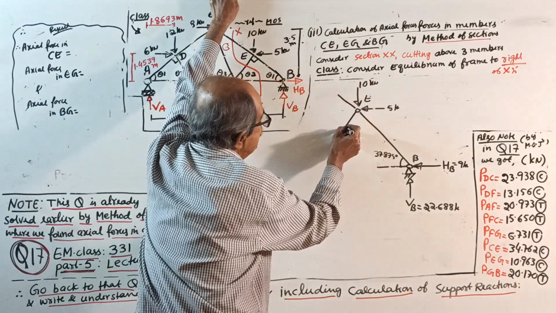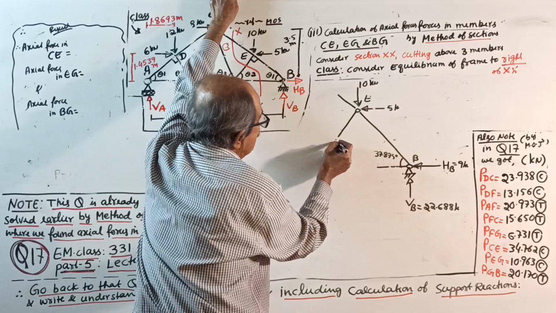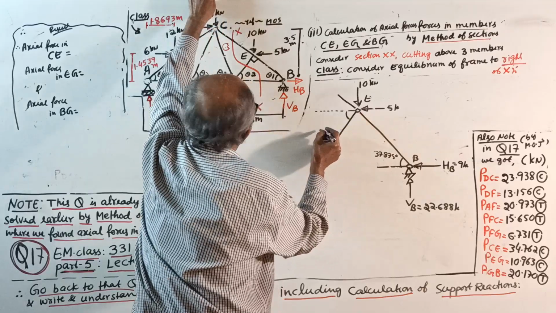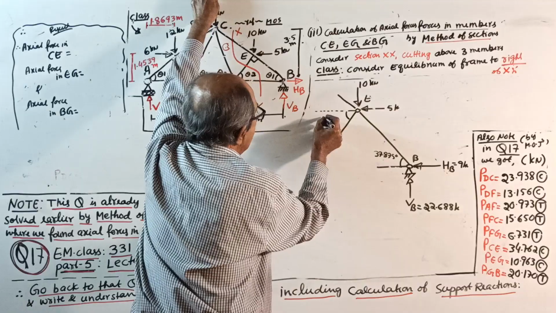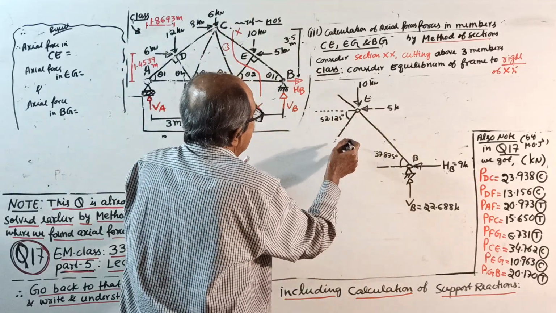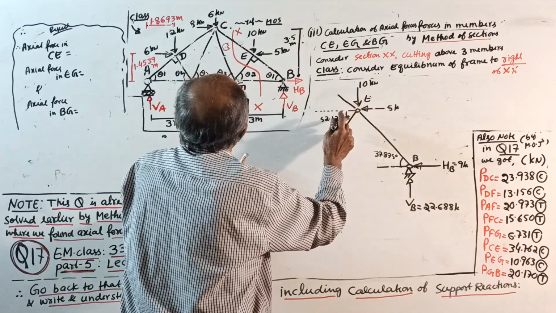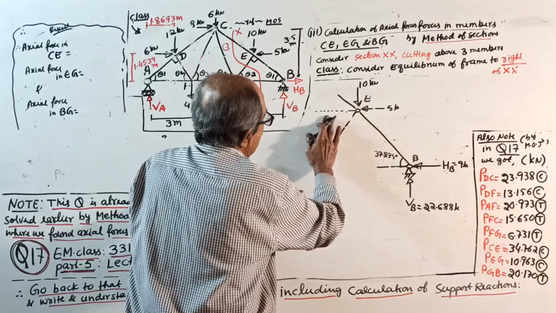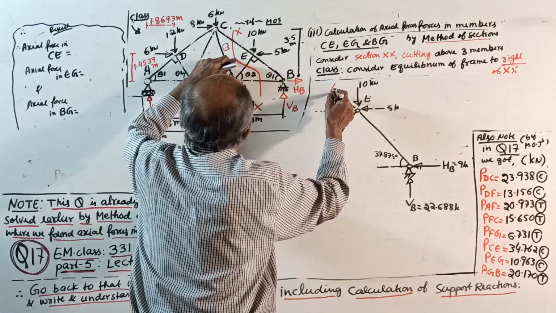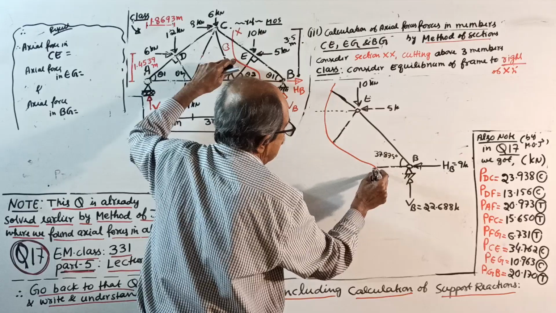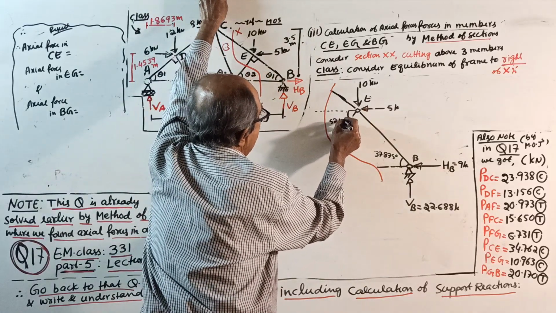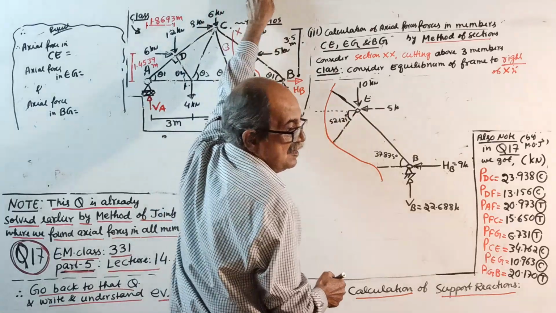If I put a dotted line here, for this the angle is 52.125 degrees. Our cut reached. I'll first show the cut here. Okay, now I can write 52.125 degrees. Yes, correct.